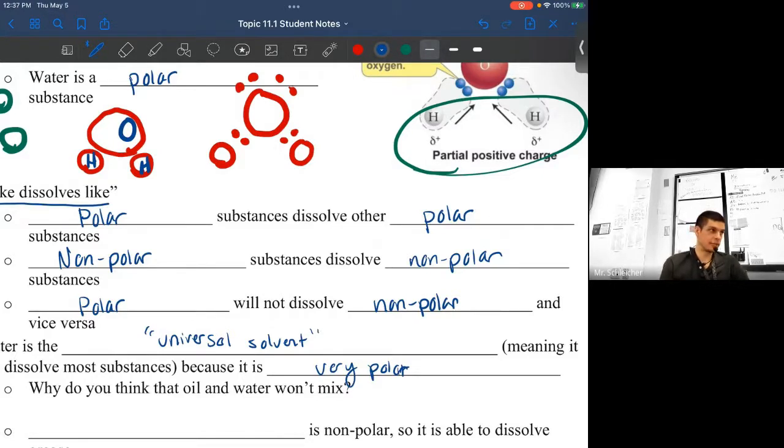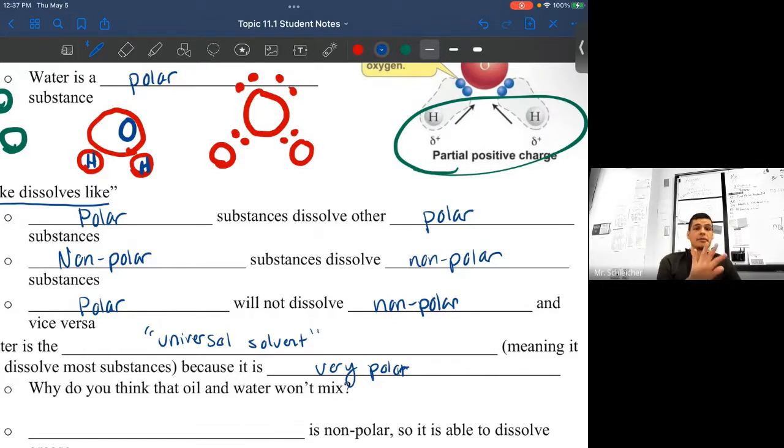All that mixture of grime and sweat, all that stuff is polar, so it can be dissolved with water very easily. Nonpolar things include stuff like plastics and oils. So they will not be dissolved by water. They don't like dissolving in water, but they'll dissolve other oils.